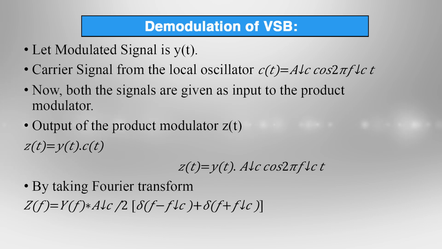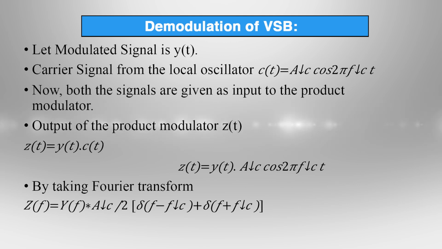Both of these signals are applied at the input of the product modulator, then the output of the product modulator is represented by z(t), which is equal to y(t) times c(t), or z(t) equal to y(t) times Ac cos 2πfct.